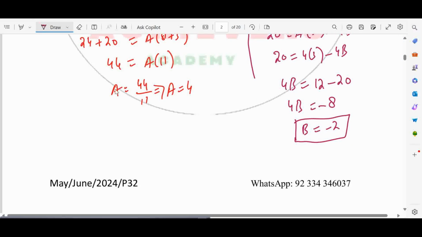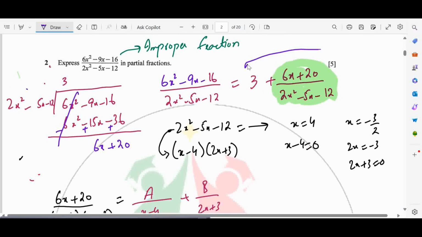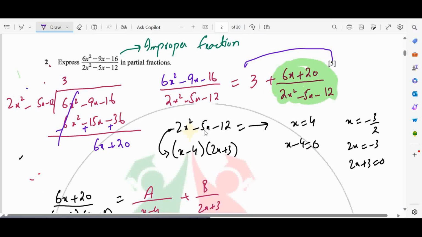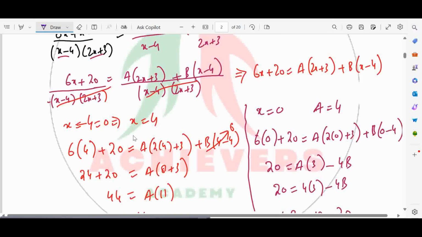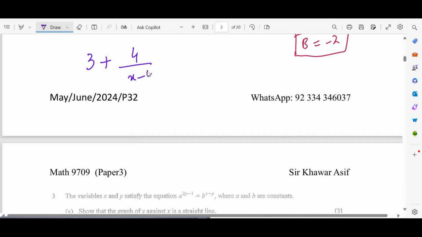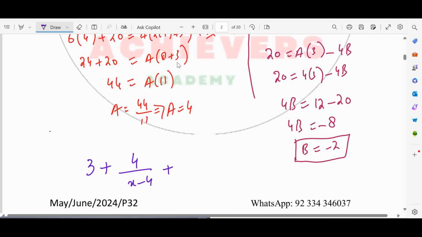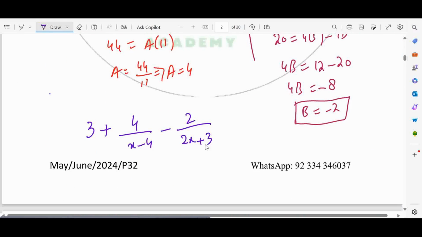Now we have to just write it over here. I'm directly using this form and writing the final answer: 3 plus 4 divided by (x minus 4), plus b, which is negative 2, so we need to write negative here, negative 2 divided by (2x plus 3).